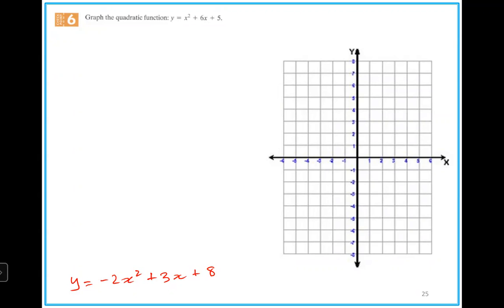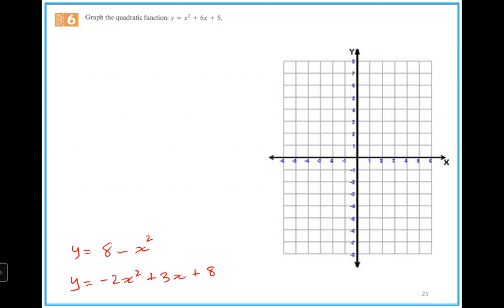Because the number in front of X squared is negative. Okay. Suppose I say y equals 8 minus x squared. It'll open downward. Why? Because X squared is negative. Well, the coefficient of x squared is negative.